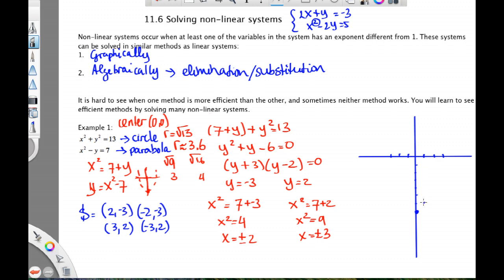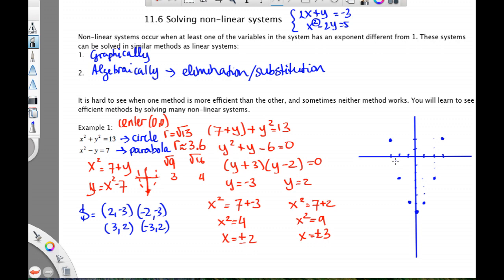If we go 1 each direction, we're up 1 over 1. The next one should be 1, 2, 3, so it should be over here. And the next one should be up 5, right? So 1, 2, 3, 4, 5, and over here, and over here.